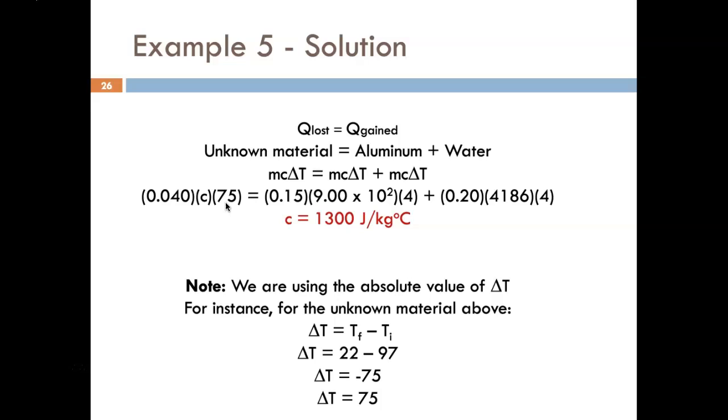We're doing that because heat lost would be, you could follow your negatives all the way down through here, and our original equation could have been 0 equals heat gained plus heat lost. And then the heat lost would be negative. It would all work out. So we are not going to do that. We're going to keep our temperatures as positive, and we are going to use the absolute value of our change in temperature, and we're going to have lost equals gained.